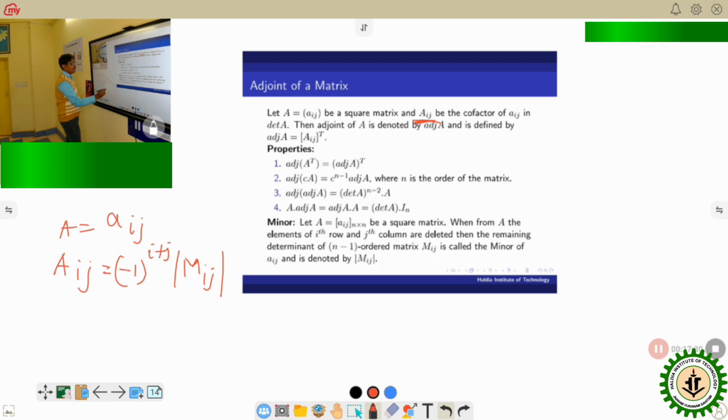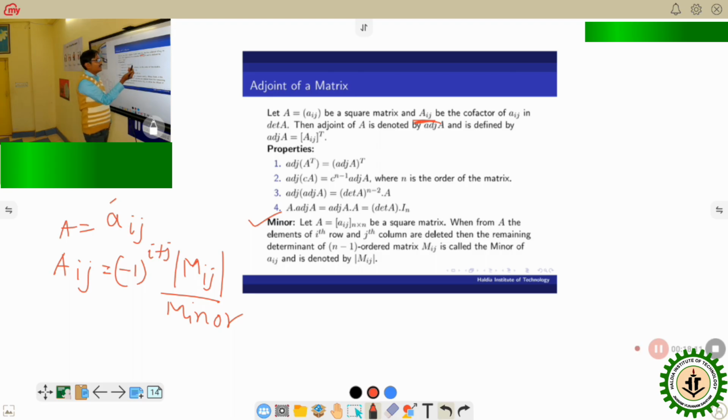And what is mij? That is called the minor. But how to find the minor? Suppose mij means the ith row and jth column; if you delete them from the given matrix and take the determinant of the resultant matrix, you get mij. That is called the minor without sign. And the minor with sign, minus 1 whole to the power i plus j, is called the cofactor. Am I clear? So this is the cofactor of the aij element.